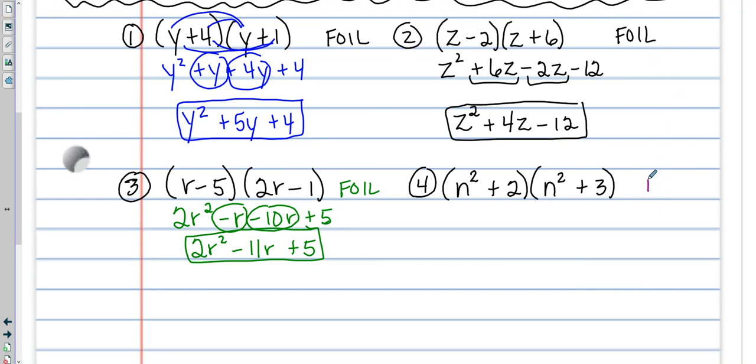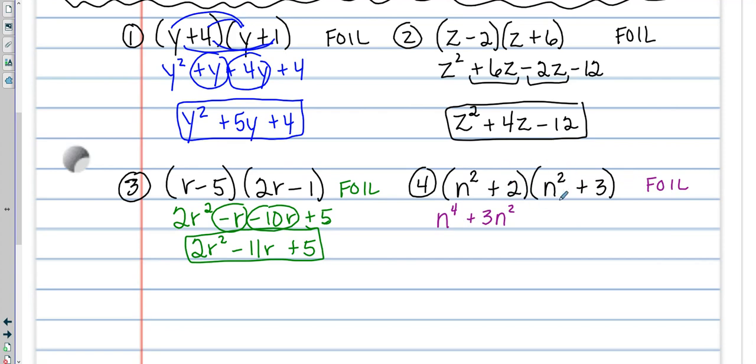Okay, so I'm going to do FOIL here. I have n to the second power times n to the second power, which gives you n to the fourth power. Outside, I'm going to do n to the second power times 3, which is 3n to the second power.